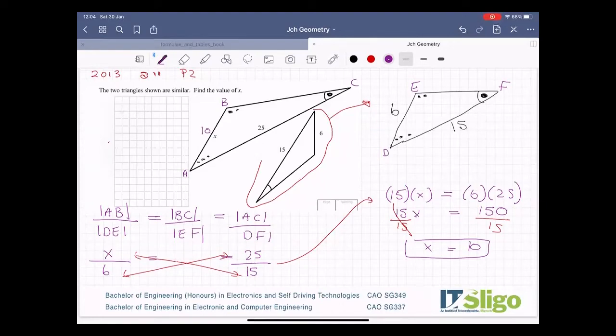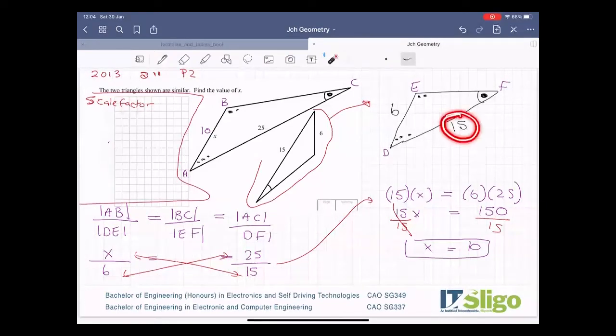Can we check it any other way? Well, yes. If you have a drawing head on you, if you can see it, you can think about it as using a scale factor. I'll just show you how that works. When you compare the sides, we'll say 15 and 25, how much times bigger is the 25 over the 15?